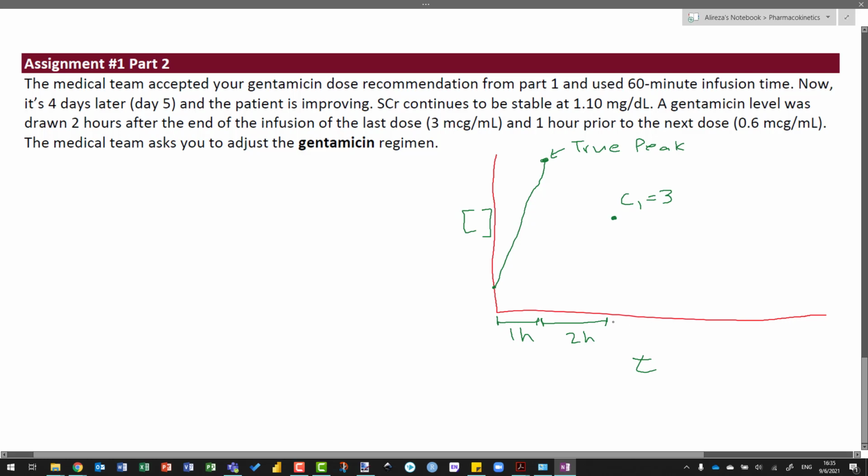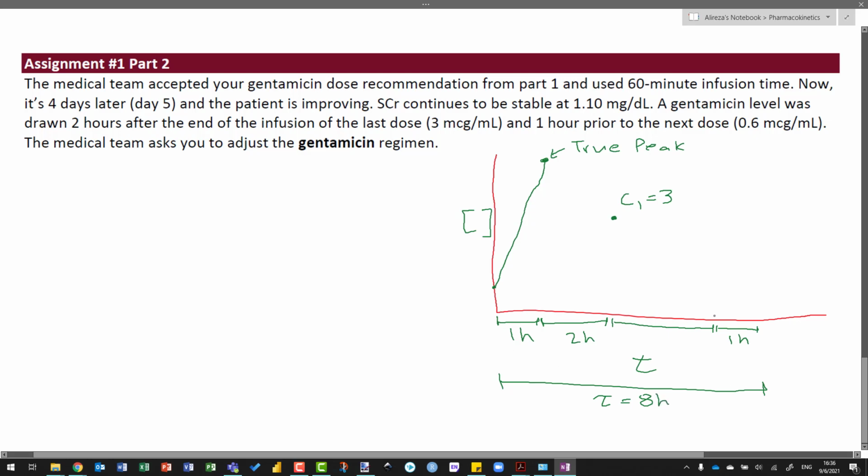And then it said that 1 hour prior to the next dose. So let's say 1 hour before the next dose. This whole thing is 8 hours, right? Because our tau is 8 hours.